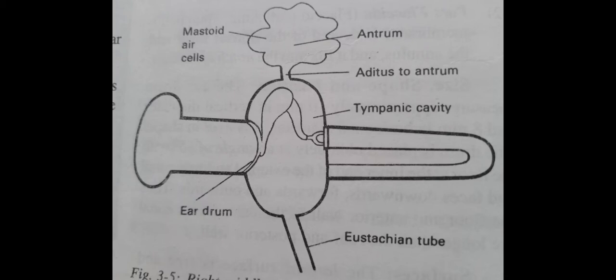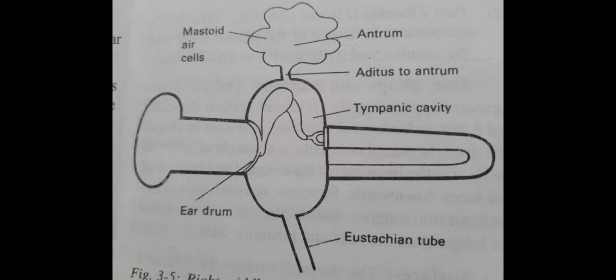So this is the shape. Once again I will explain. The narrowest part is called the isthmus. It is situated 5 mm lateral to the eardrum, and a foreign body may get lodged over there. The canal is S-shaped, and when you examine the ear in adults, you have to pull the pinna upwards and backwards.